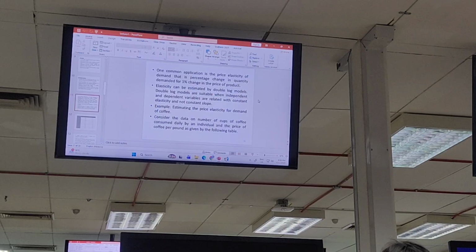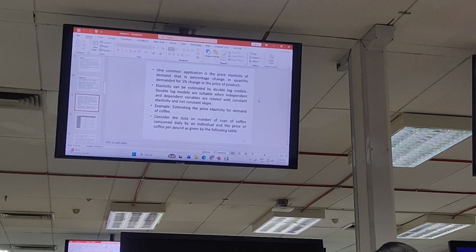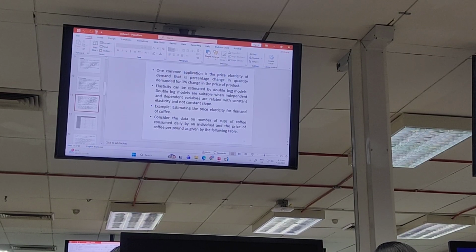Later I show you. The first one, the easiest one, is that you can produce an estimate of elasticity between variables using the double log model. You also can get an estimate of elasticity using the linear model, but you have to do some calculation. Later I'll show you. It is easier to use the double log model as it provides a direct estimate.